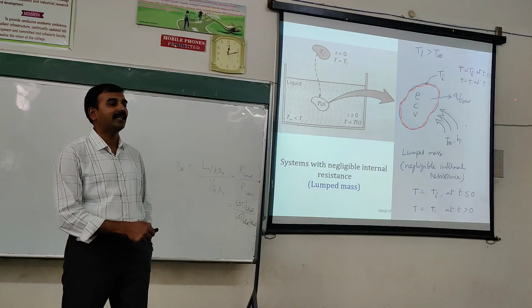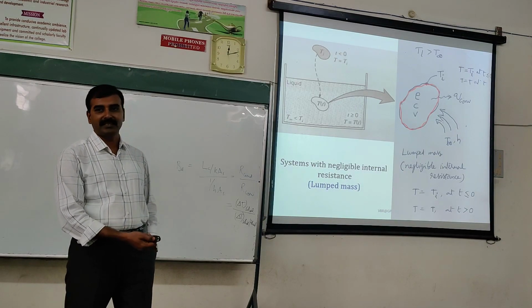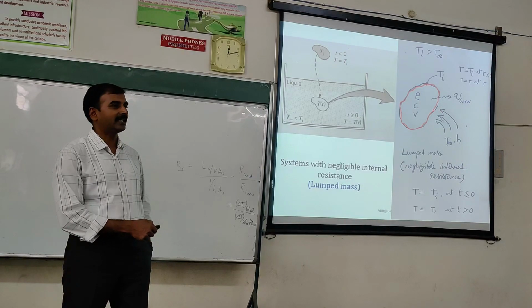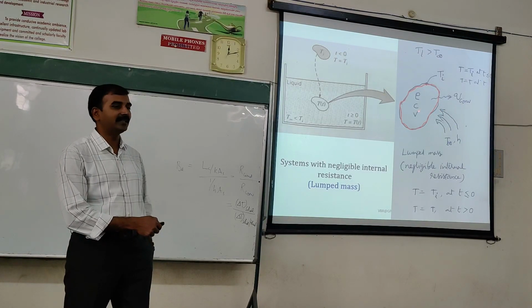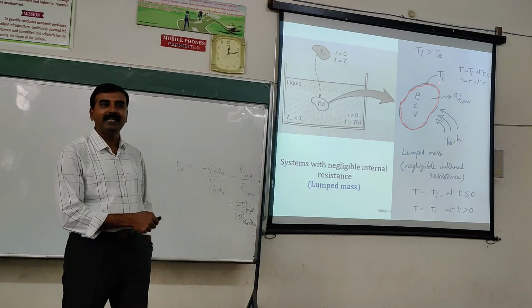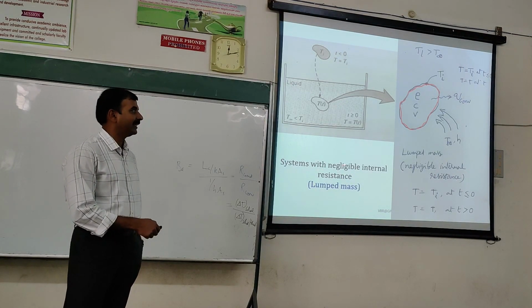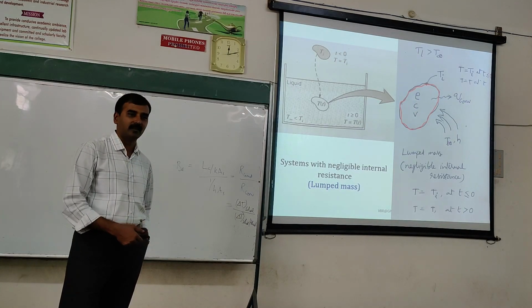Or I can also call it as external resistance. When I say the resistance within the body, I can call it conductive resistance or internal resistance. Now, we are taking a case where the internal resistance is negligible.